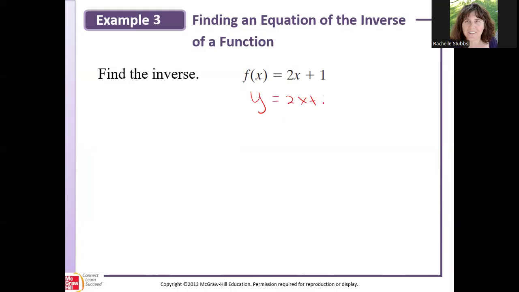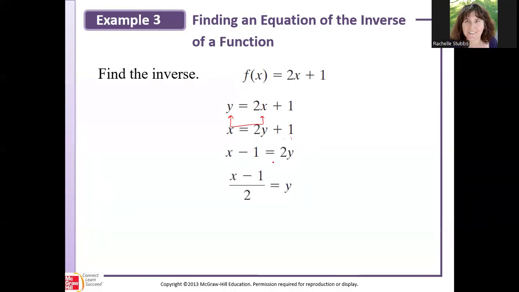That's the first step, always change f of x to y. Then switch x and y places. Then solve for y. Subtract 1 from both sides, divide by 2.